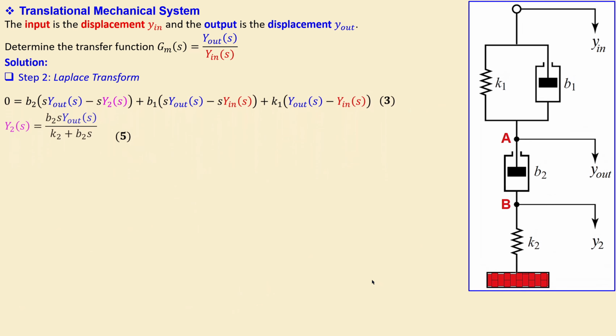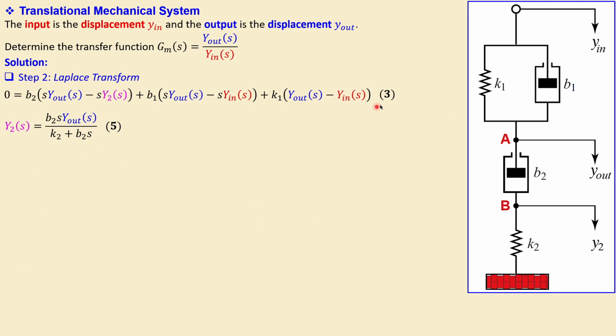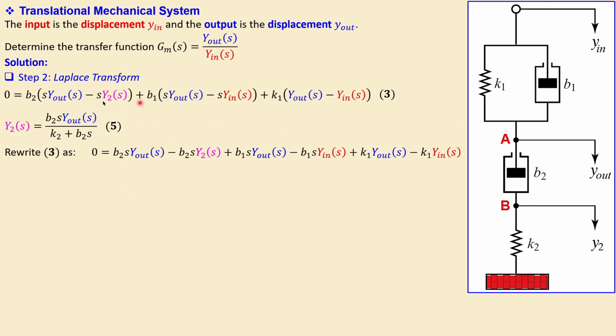So let's do that. But before we move on, let's also rewrite equation number 3, because that's also something we need to work out before we can easily substitute this equation number 5 in here. So we work out the parentheses, so B2 times sY out and also B2 times minus sY2, etc. For the rest, you will get this expression.